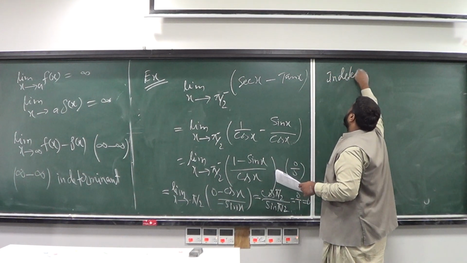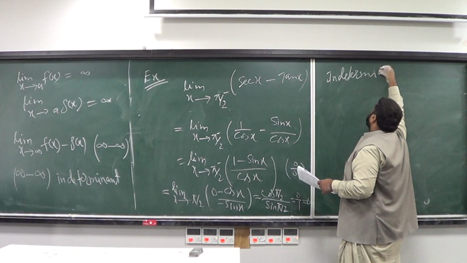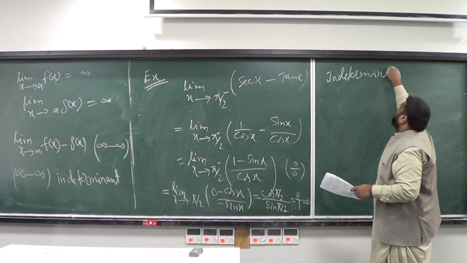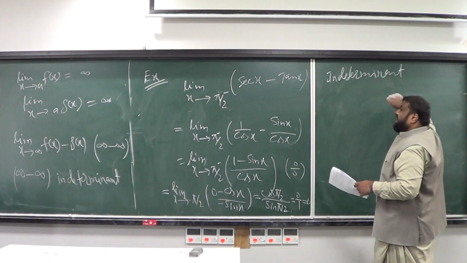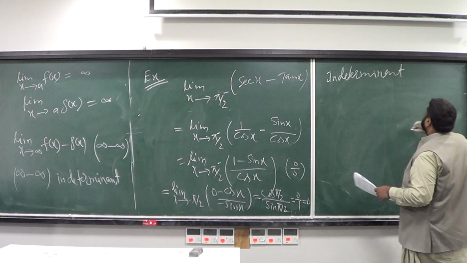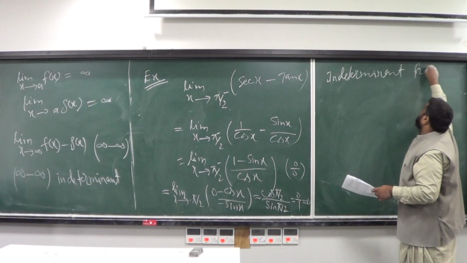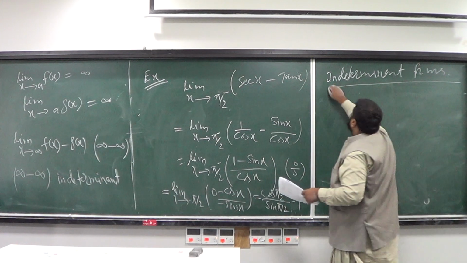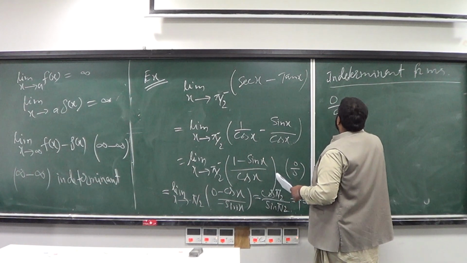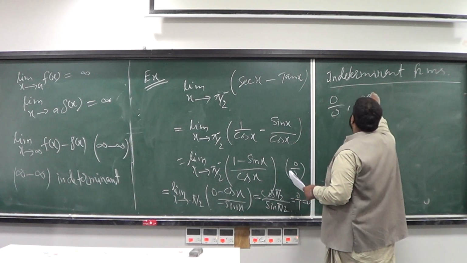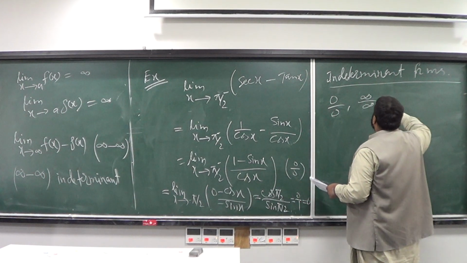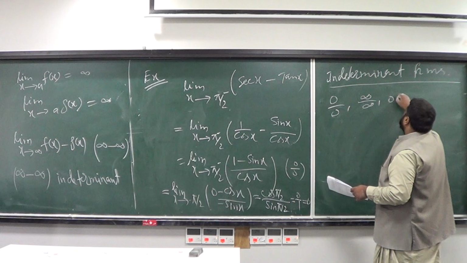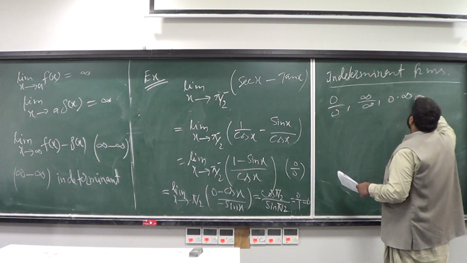So what could be the potential indeterminate forms? 0 by 0 is an indeterminate form; you need to apply the L'Hopital rule. Infinity by infinity is an indeterminate form. 0 multiplied by infinity is an indeterminate form.